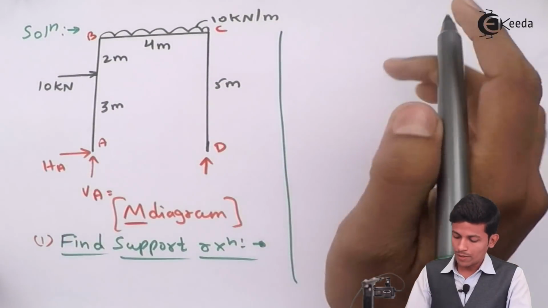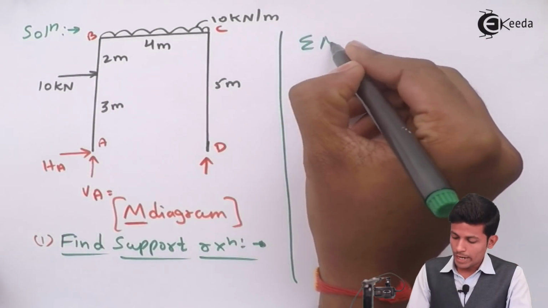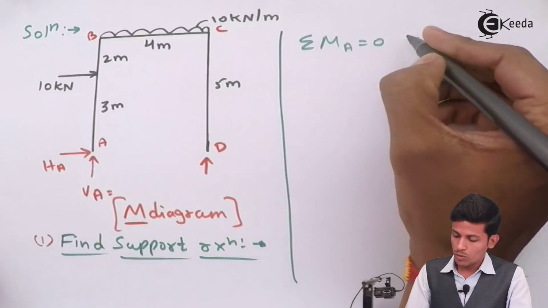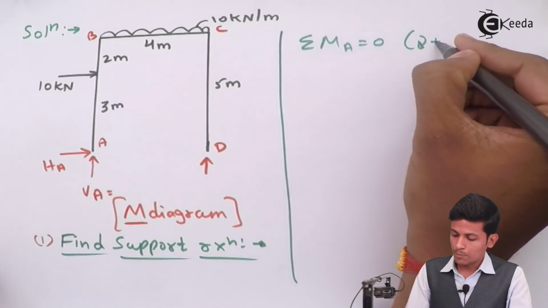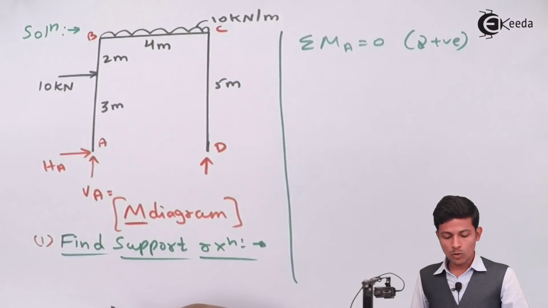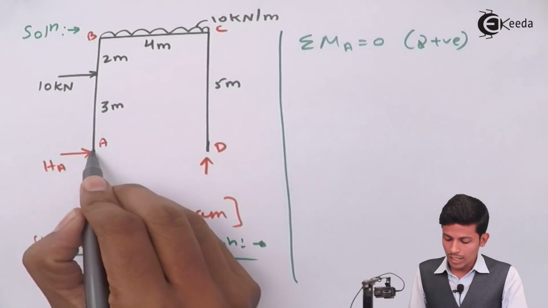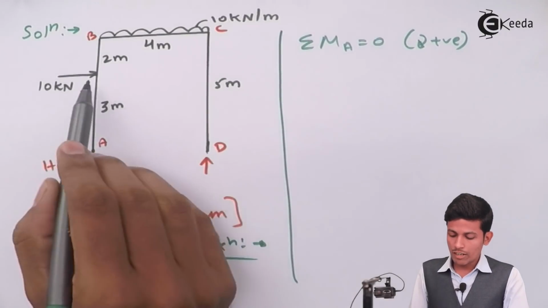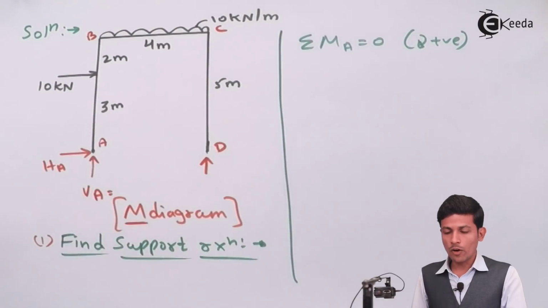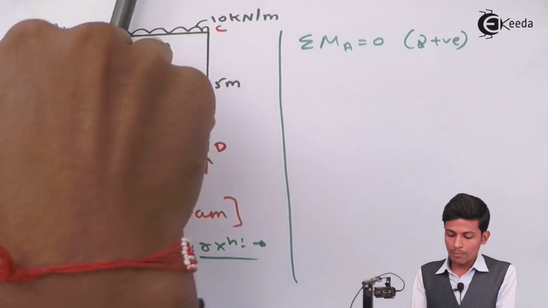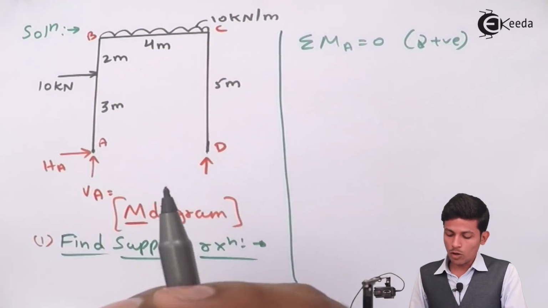We are taking moment at A equal to 0, clockwise positive. Clockwise positive means, see, we are taking moment here, so this 10 will become clockwise. Put a rod over A and apply 10 kN like this, it will rotate in the clockwise direction.